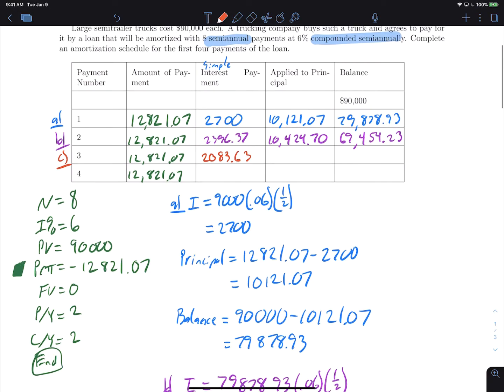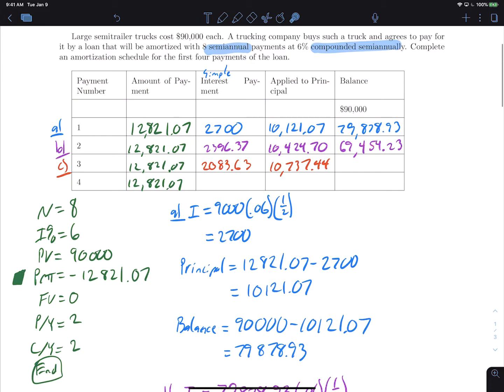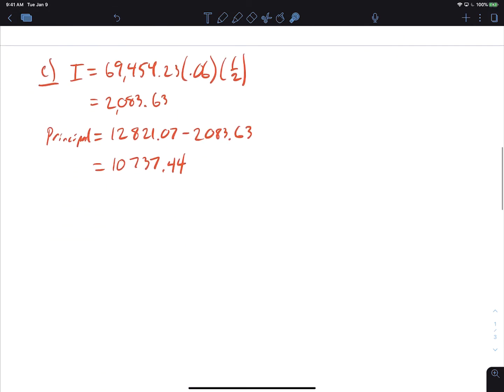So up here, $10,737.44. Awesome. So the balance here is just the difference between here and here. Sorry, my apologies. The balance is the difference between here and here. There we go. So the balance is $69,454.23 minus the $10,737.44.